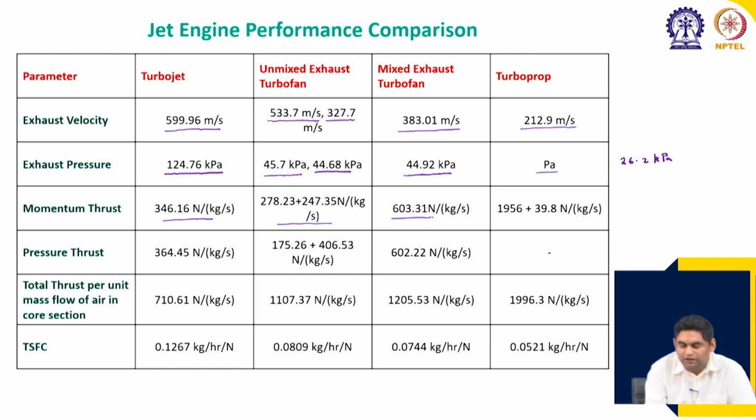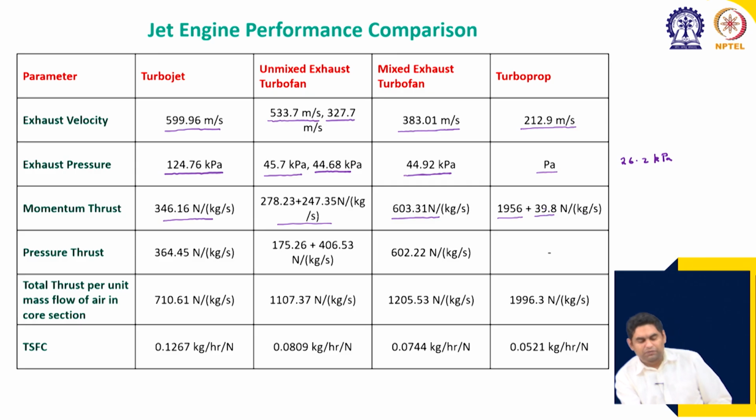Mixed type is even higher, it is 603.31, and for the turboprop, from the propeller we get very high thrust, 1956 Newton per kg per second, but the nozzle creates a very small amount of jet thrust, only 39.8 Newton per kg per second. So, you can again compare the values. The specific momentum thrust keeps on increasing, the main component or the overall value, but the jet thrust here is very small for the turboprop. Okay. It is very small.